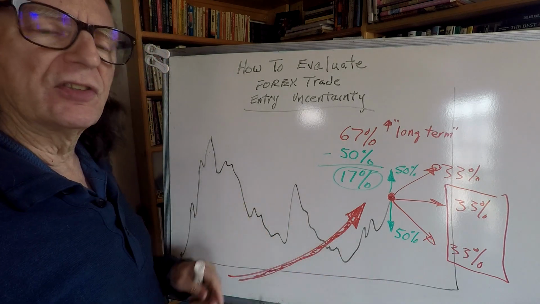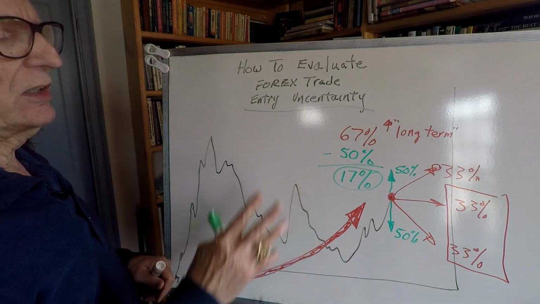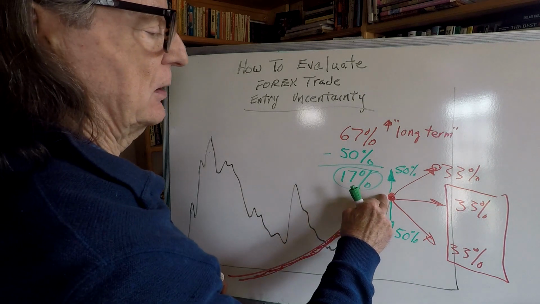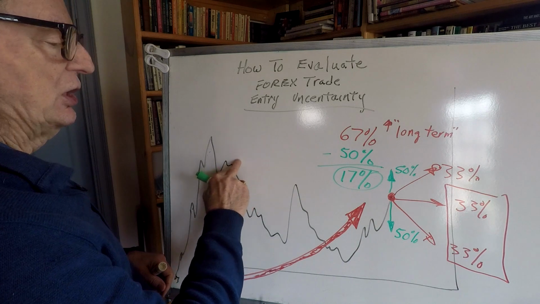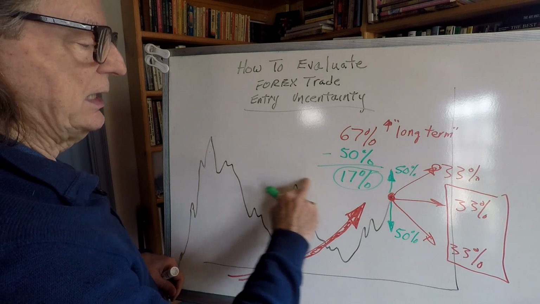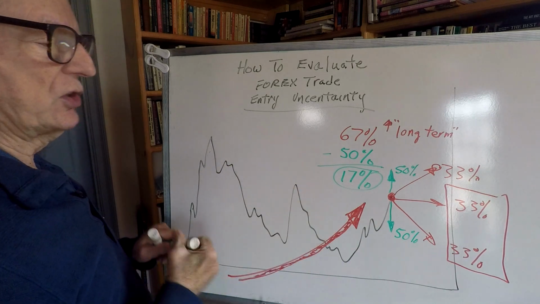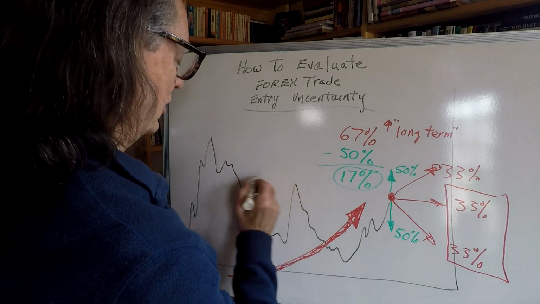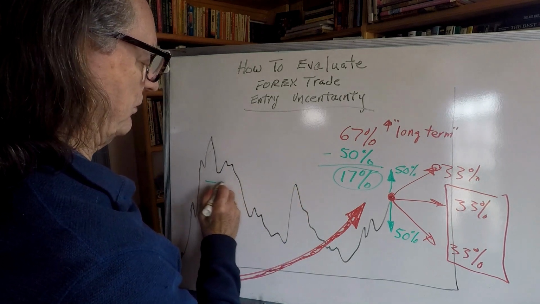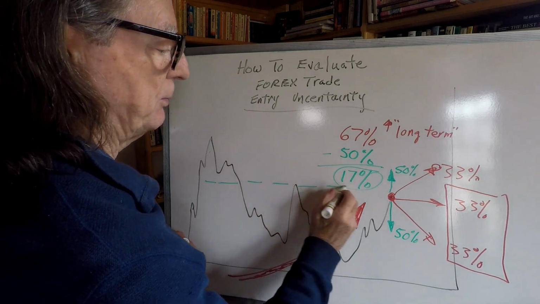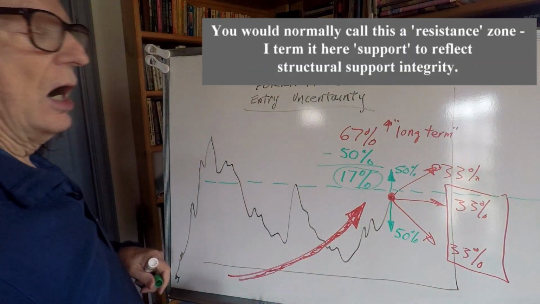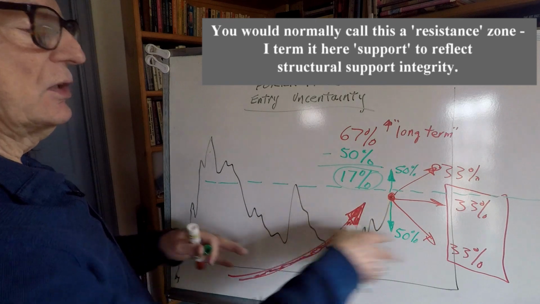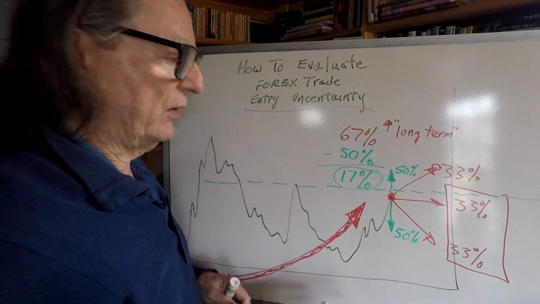Now, there are other factors involved here. For example, if this particular price right now is very close to, let's say, this point here, which would be a support zone, a very strong support zone across here, are you going to take that bet, even though all these other things can figure in?